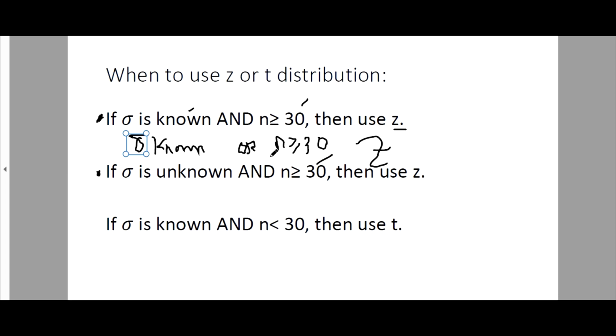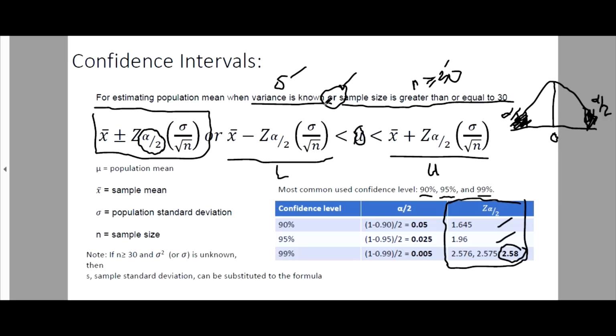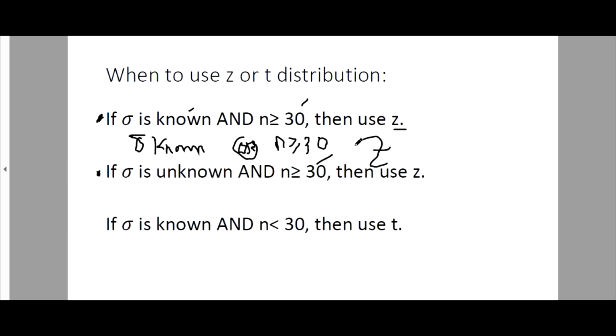We can also use Z because of the word or: either of these two or both will be satisfied. So use Z. Otherwise, you use T.